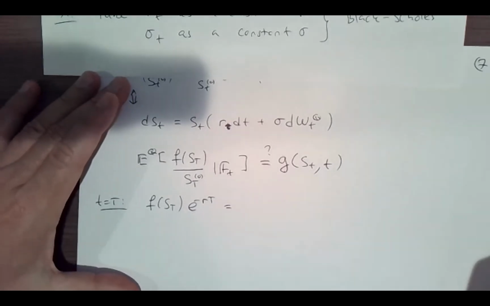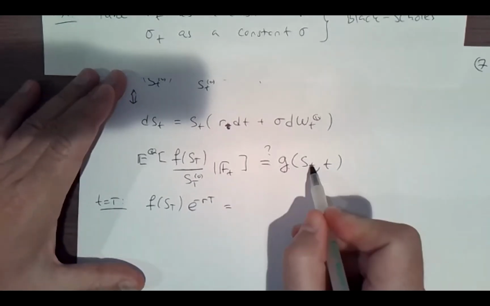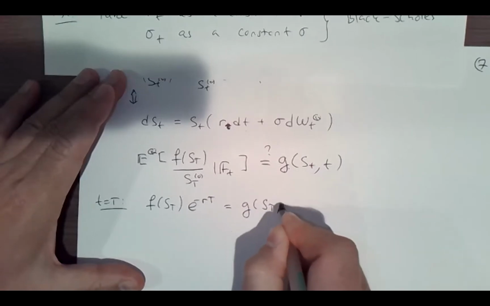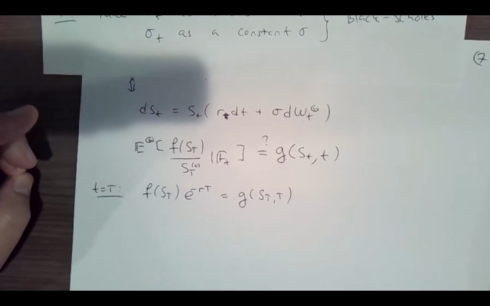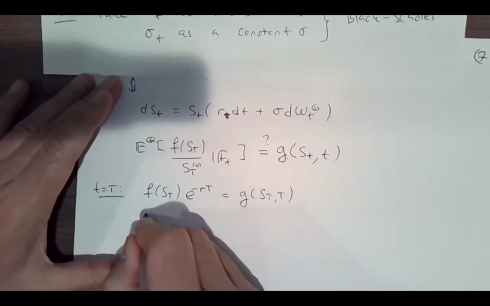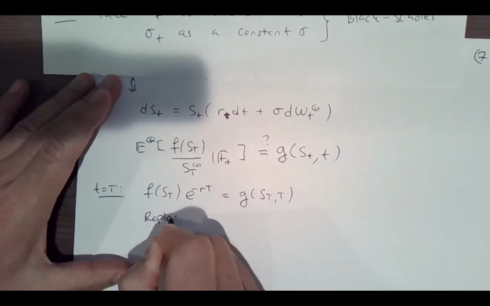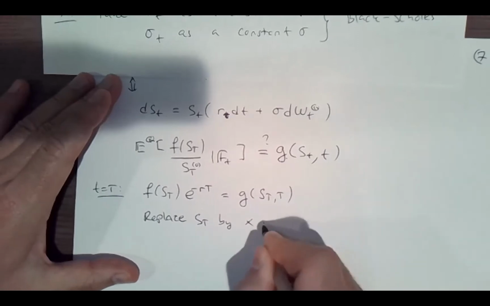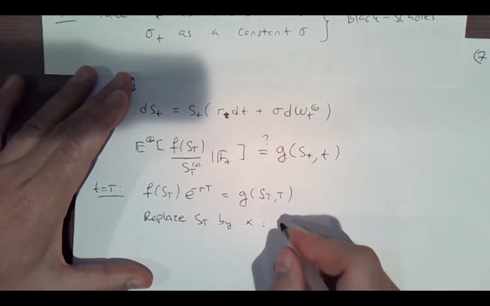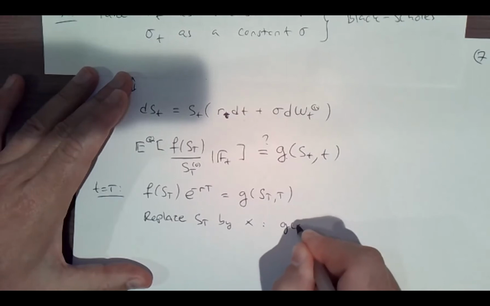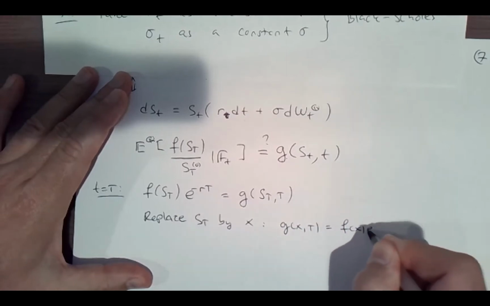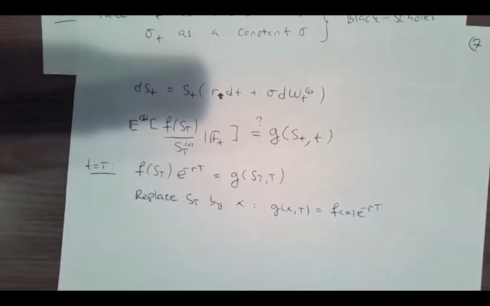So I want this to be equal to, on the right-hand side, G of S_T and T. Okay, so I now replace S by x. I'm going to get the terminal condition that says that g of x at the end is going to be exactly f of x e to the minus r capital T.